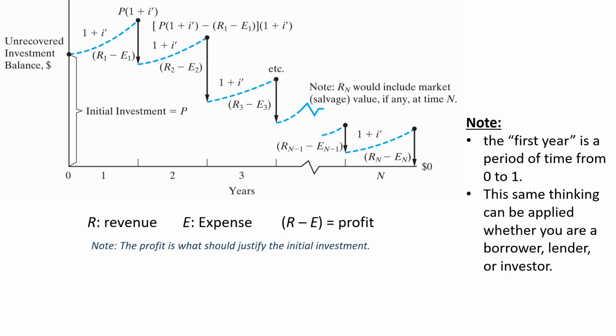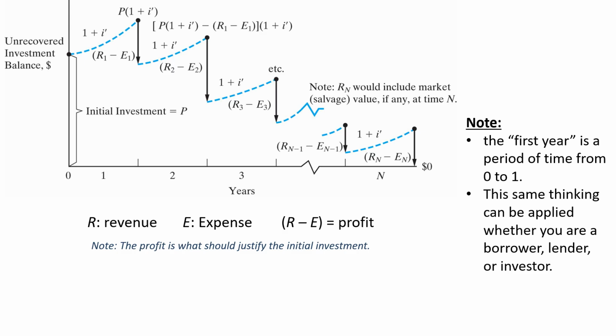So you can use this thinking regardless of whether you borrowed money from a lender to finance the purchase or if it was your own money. Because if it's your own money, you could have been using it for something else. If you didn't buy the food truck, it could have been in a savings account, and it would have been earning interest. And so in your mind, you have some expected rate of return.